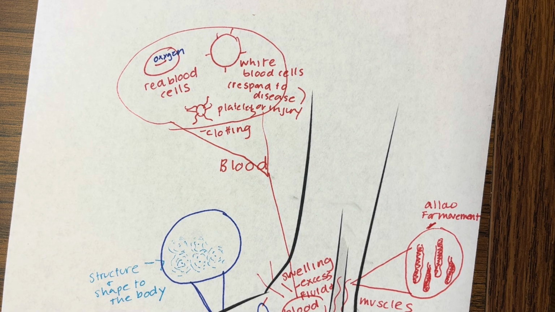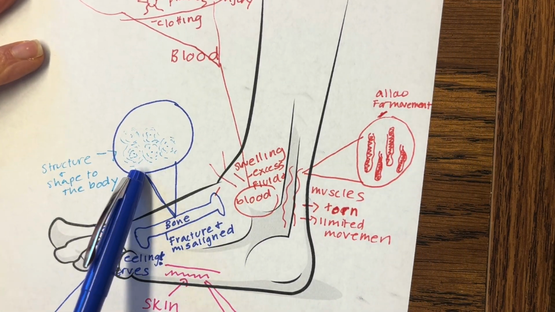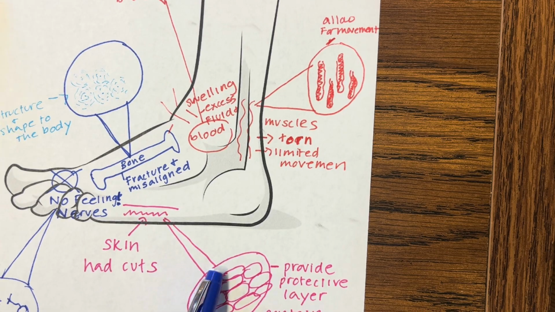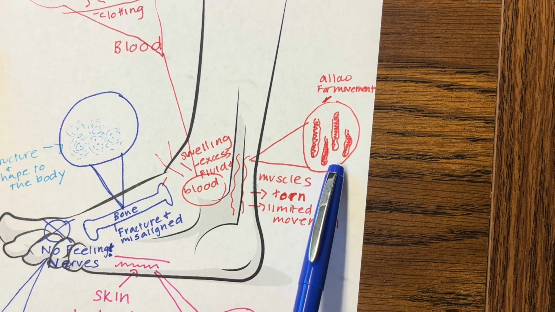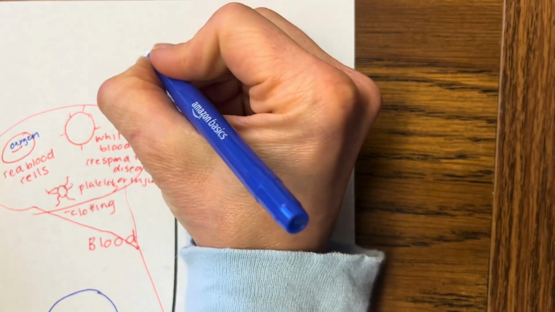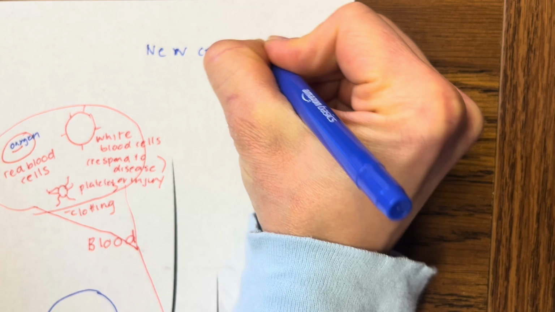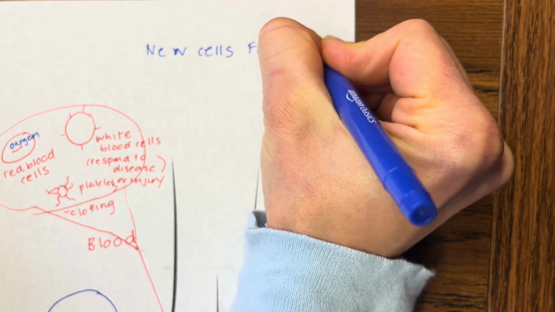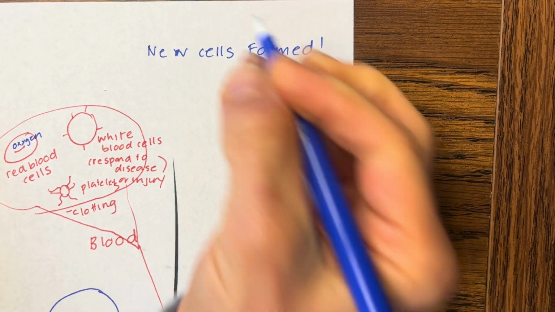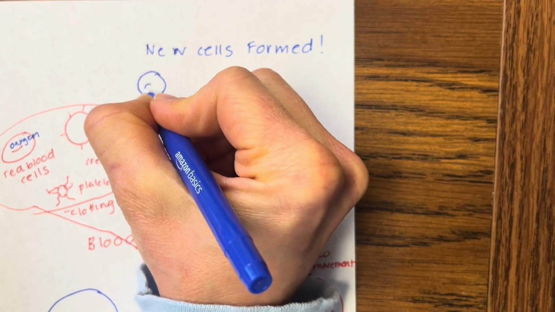So let's kind of focus in on that process. So we said that in order for the bones to heal, the nerves to heal, the skin and the muscles to heal, all of that requires new cells to be formed. And so new cells were formed. In order to have new cells form, you need a pre-existing cell.